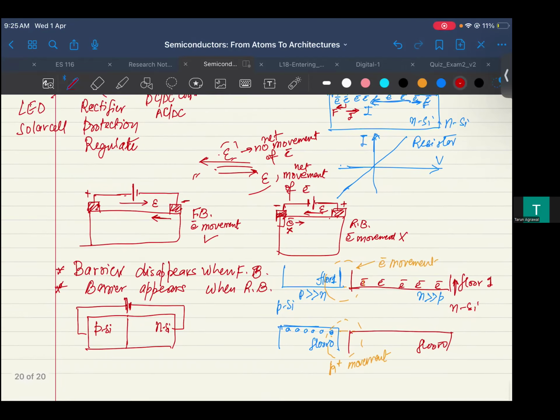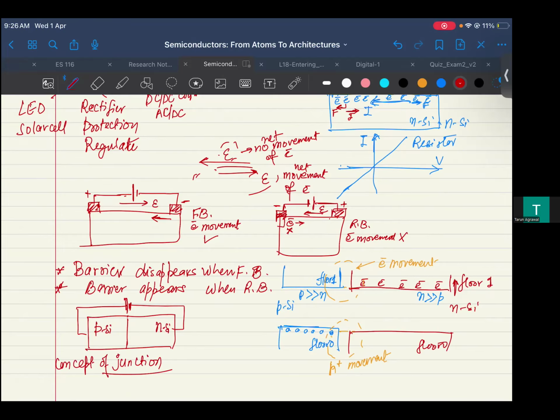Can you tell me more about how I understand this barrier? Because you are adding two different kinds of semiconductor properties together, which is the concept of a junction, right?